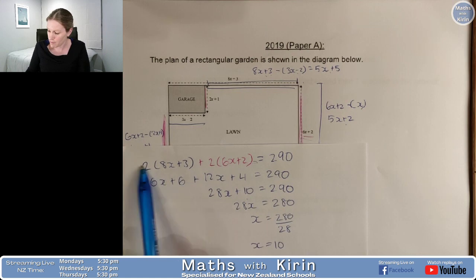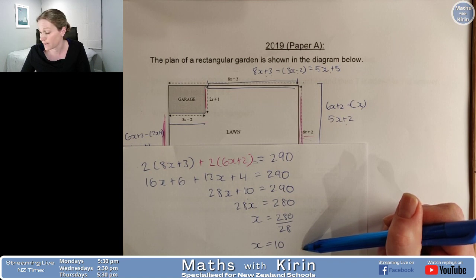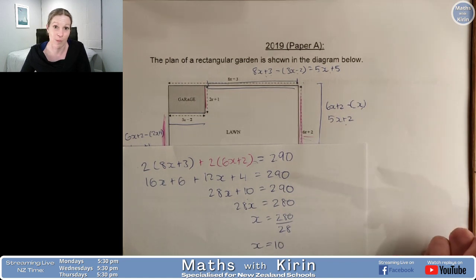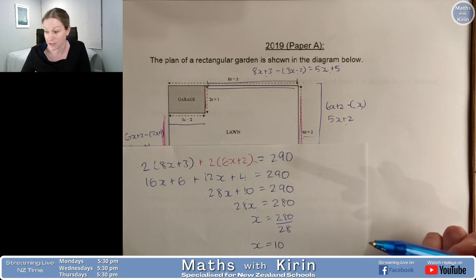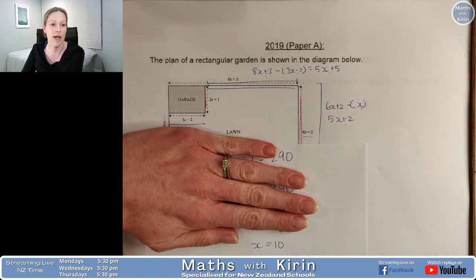If you come up with the correct equation and show your working to get x equals 10, then you get merit. Just a note, the paper is obviously an algebra paper and they expect you to use algebraic techniques. So if you just write x equals 10, then you may not get any marks for that.